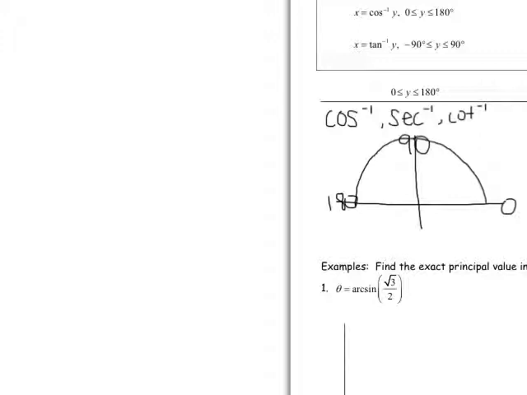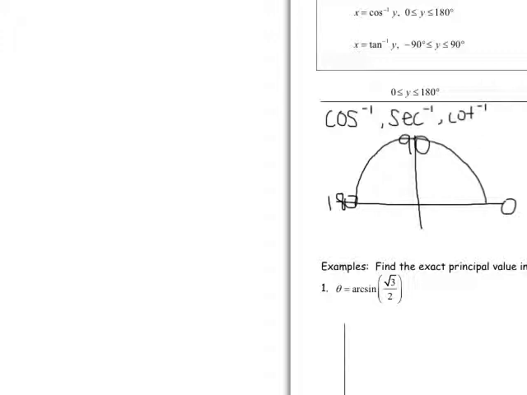Cosine inverse has a ratio of 1 over 2. The ratio of cosine is adjacent over hypotenuse. So if the adjacent is 1 and the hypotenuse is 2, then I can draw that here. If my adjacent is positive 1 and my hypotenuse is 2, then that's going to look like this triangle right here.